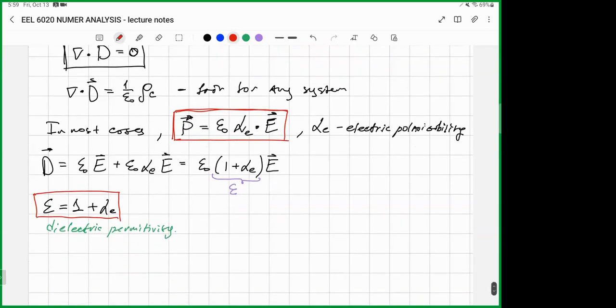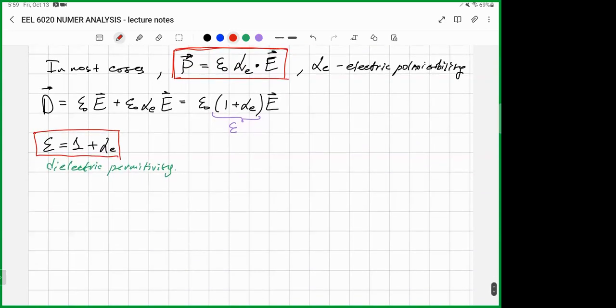At the same time, dielectric permittivity is measurable for various materials. So this is one of the most important quantities.